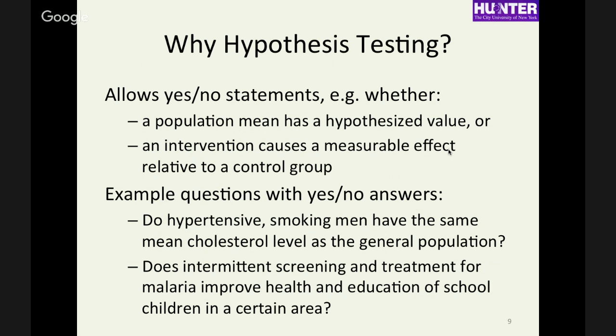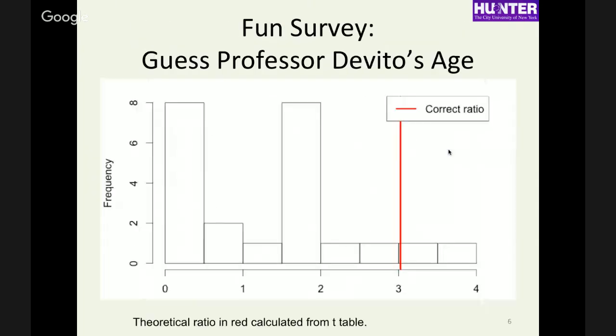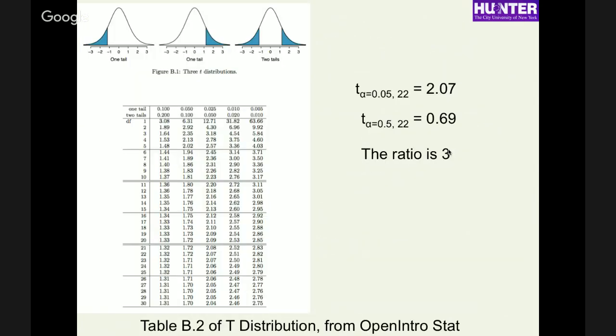But for something like a 95% confidence interval, I don't have the rest of the table on here, but if you look up at n equals 300, then this 2.04 here would be down to pretty close to 1.96, which is what you get from the normal distribution.